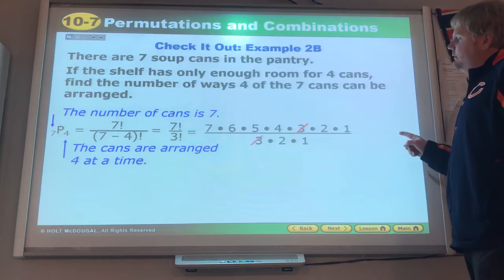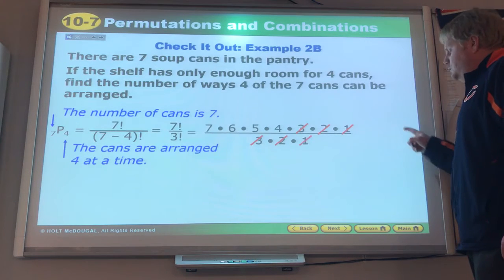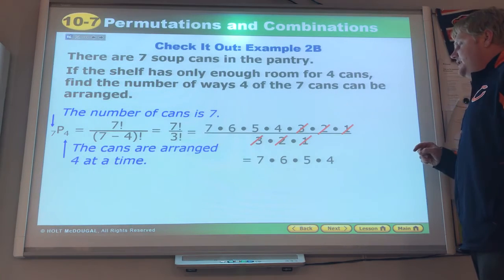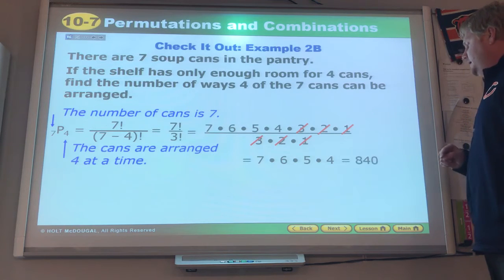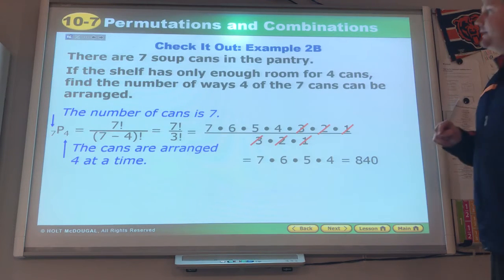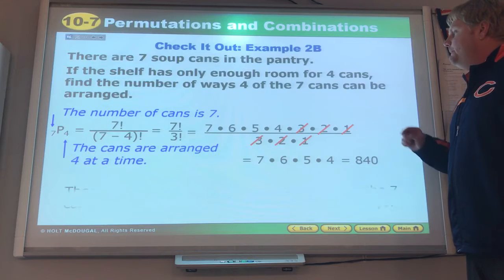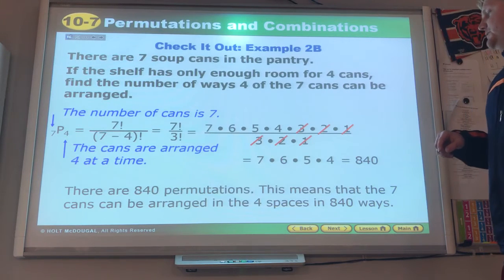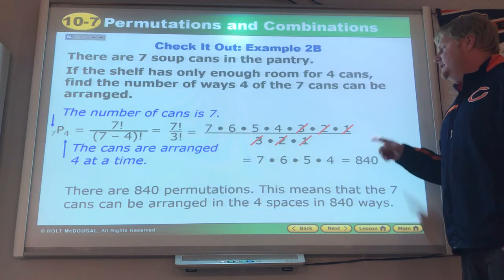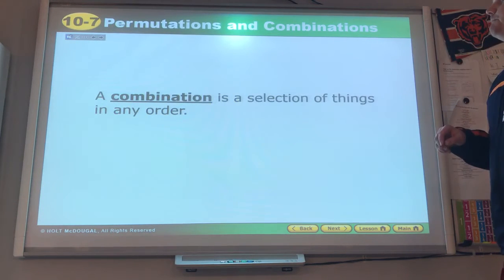We do the crossing out. Then we do the multiplication of 7 times 6 times 5 times 4 and get 840 different ways. All right? There are 840 permutations. This means that the 7 cans can be arranged in the 4 spaces in 840 ways.